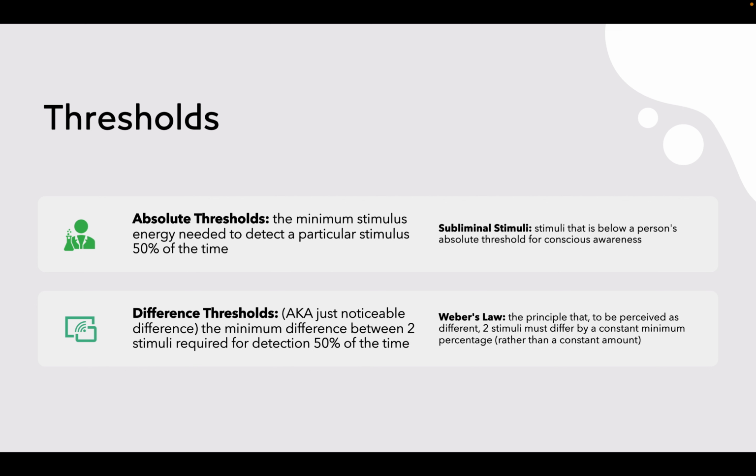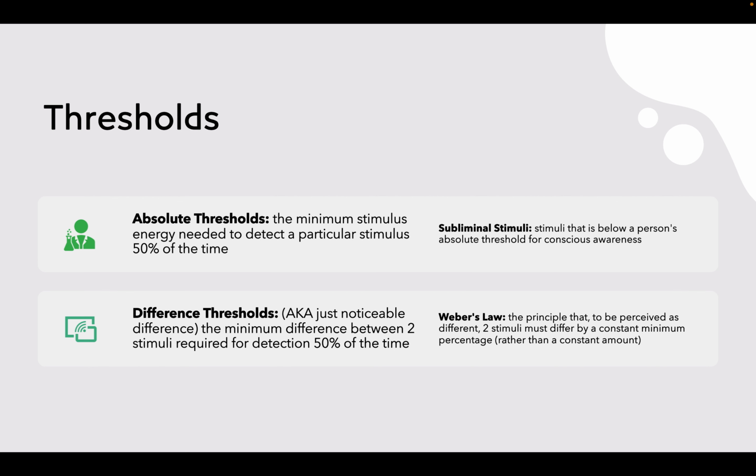I find that both the definitions for the absolute threshold and the minimum threshold are kind of confusing, so let me make sure I'm explaining it in a way that you can understand. In order for us to be able to detect something, it has to reach a minimum amount, right? In order for us to hear something, it has to be loud enough for us to hear.